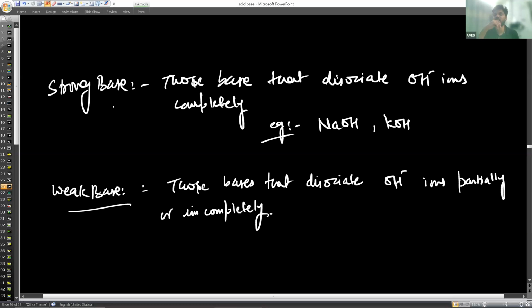Actually, show me the copy in which you are writing, please. Show me the copy from the back camera. Because of the light, I'm not able to see anything, as the light is coming from behind the camera. Just turn around and try to show me only the copy with the help of the back camera. Are you using a tab, a mobile, or a PC? Mobile. So turn on the back camera, please. Yes.